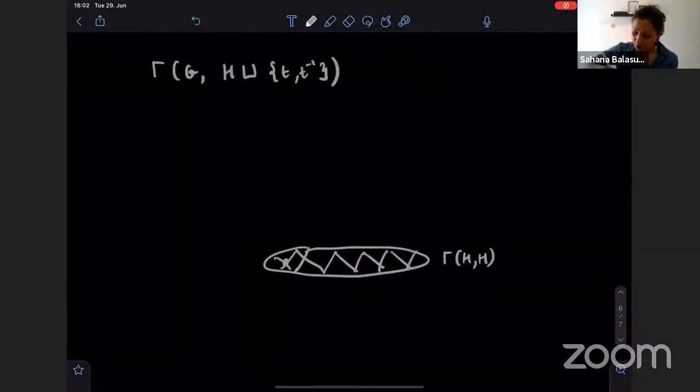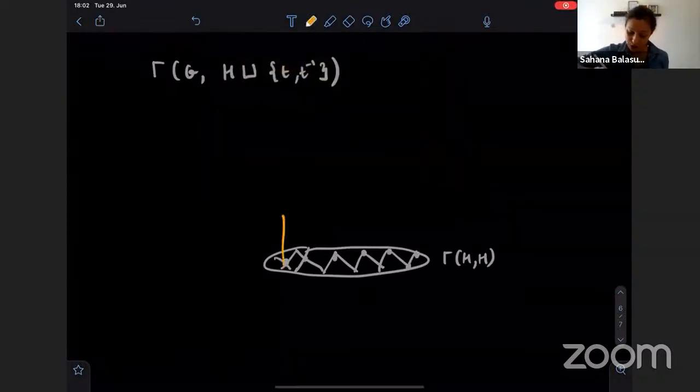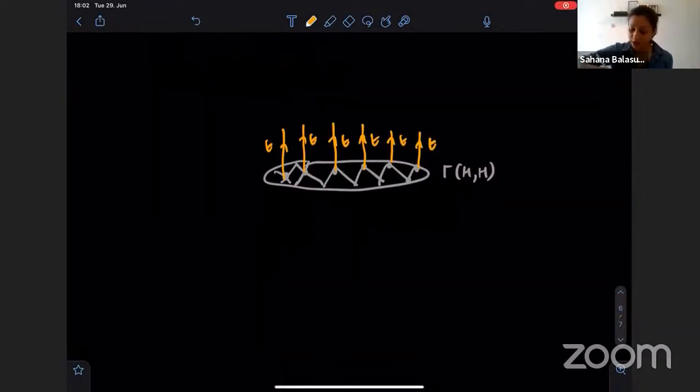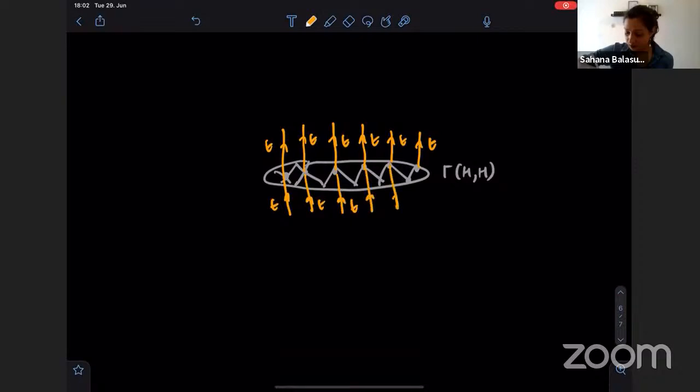But then from every vertex in this subgraph, I have an edge, which is marked by T, which moves out of this space. And I also have an incoming edge T into every vertex of this space.